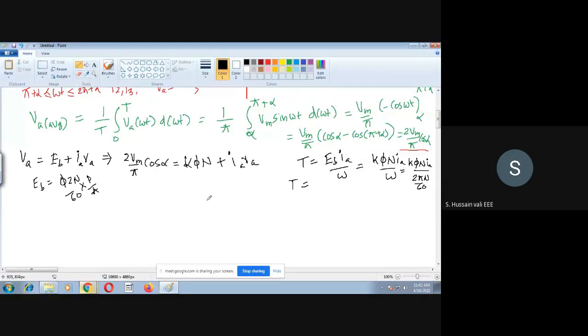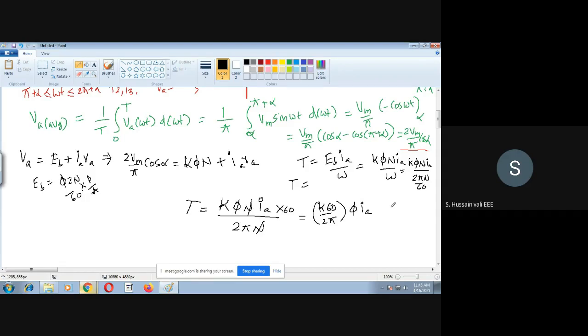So we'll rewrite here: T is equal to k phi n by omega, n will get cancelled, then k into 60 by 2 pi into phi into Ia.